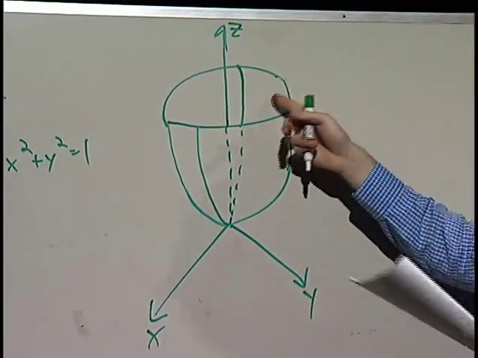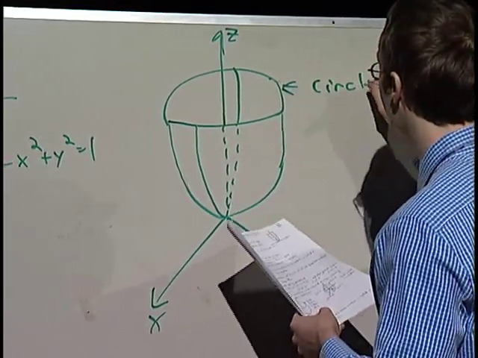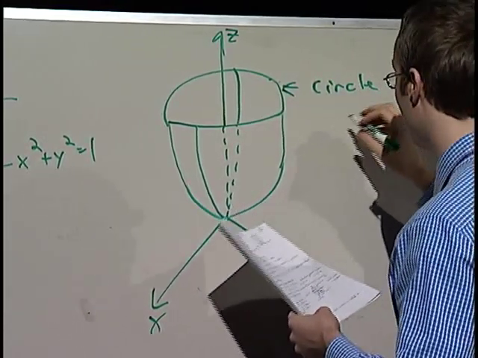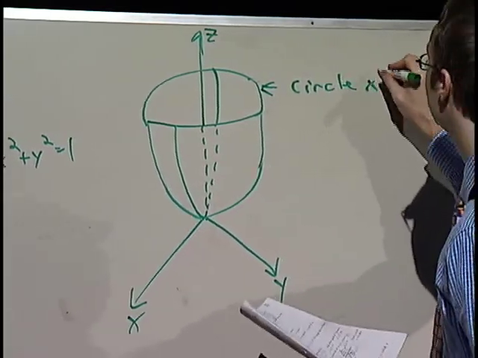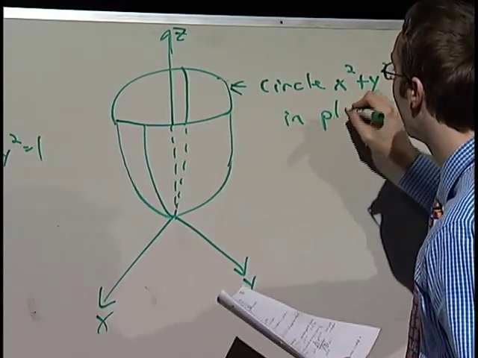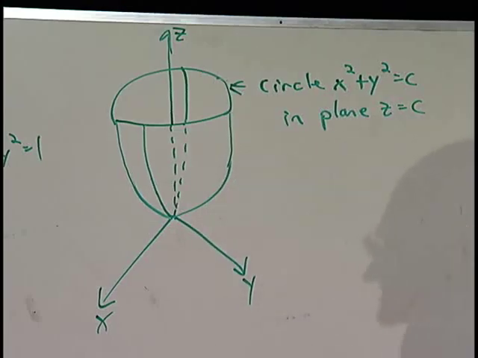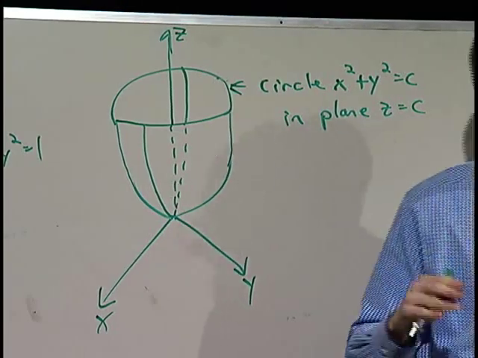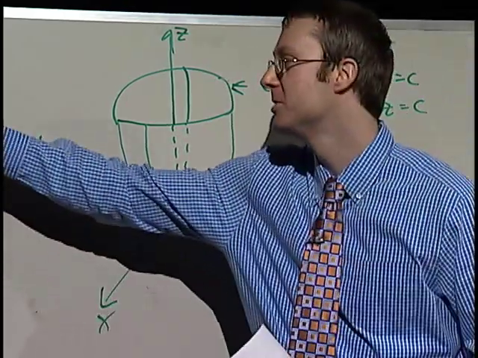And this circle up here is the circle x squared plus y squared equals c in the plane z equals c. In other words, the plane z equals 1 is a plane parallel to the xy plane that contains this circular cross-section.